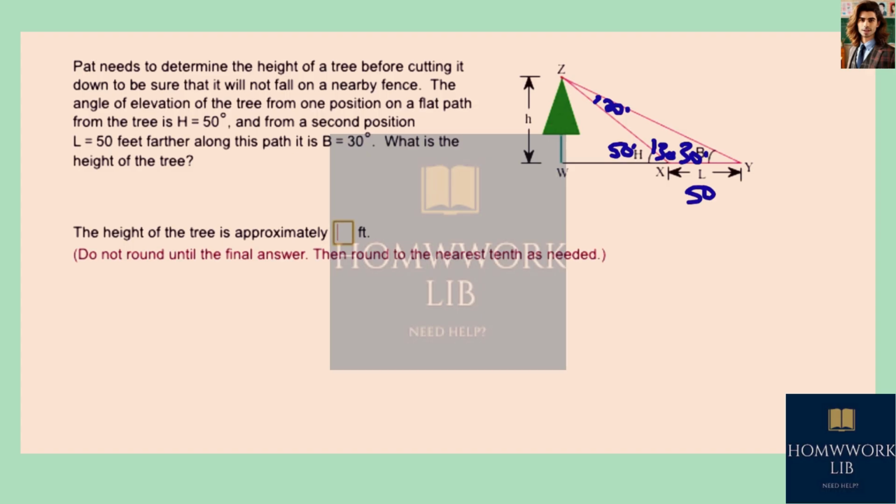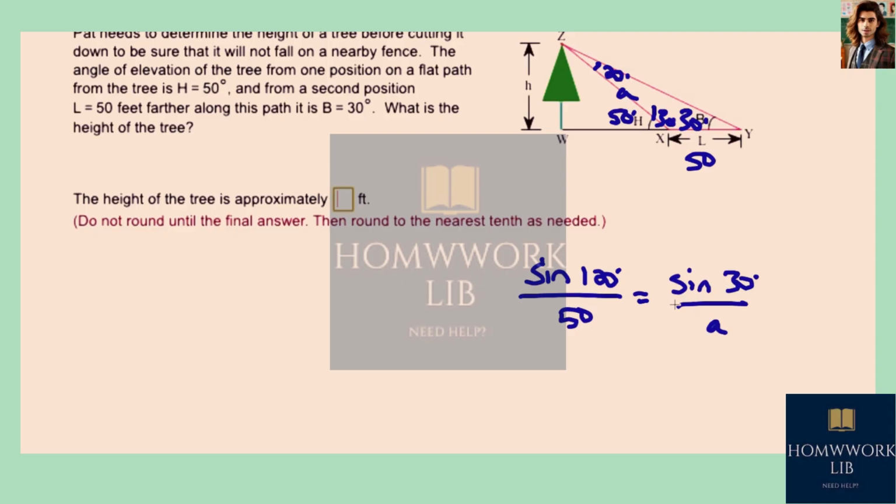Now, from the law of sines, that would mean that the sine of 120 degrees over its opposite side, 50, is equal to, or in proportion with, the sine of 30 degrees over its opposite side, which I'm just going to call A. Cross multiply, and then divide by the sine of 120 degrees.